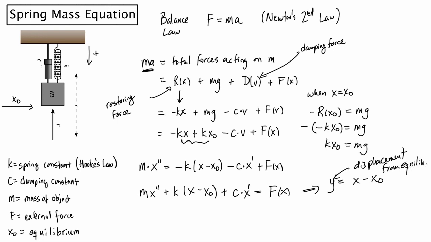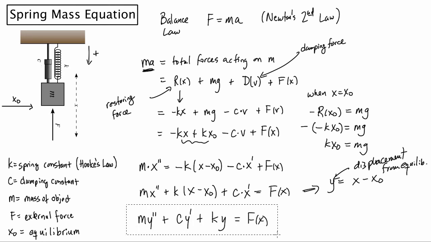So this is going to tell me how far away from equilibrium I get. When I make that change of variables, x double prime is y double prime, c x prime is c y prime, and I've got k times x minus x naught is k y, equals f of x.